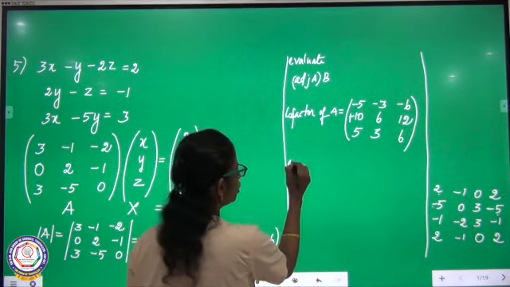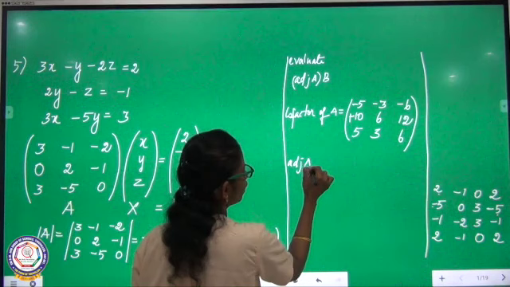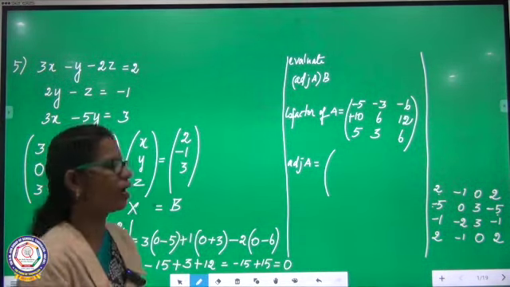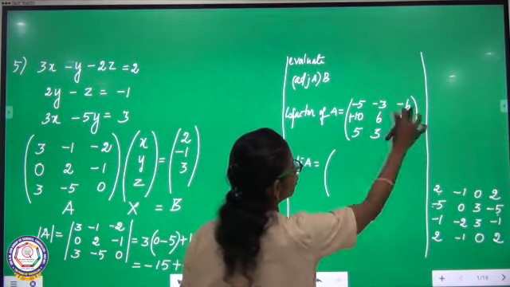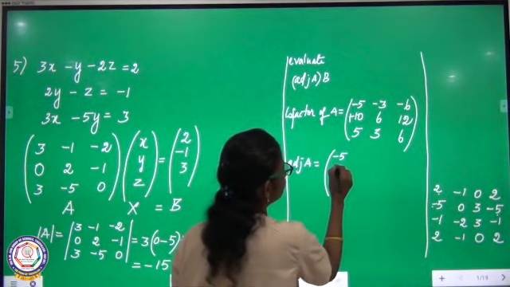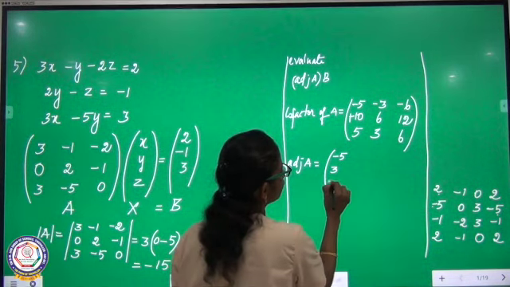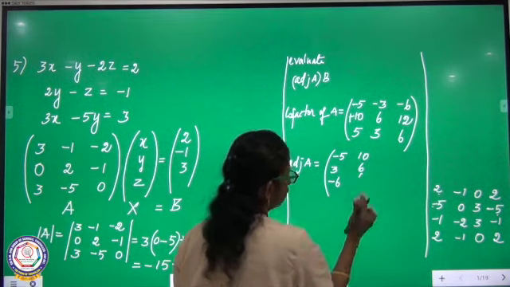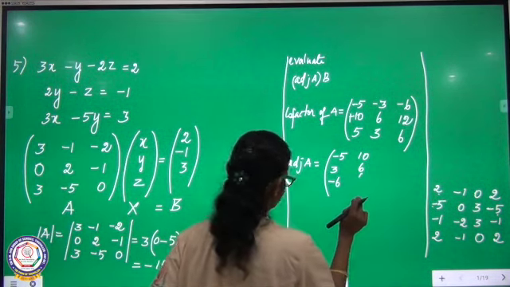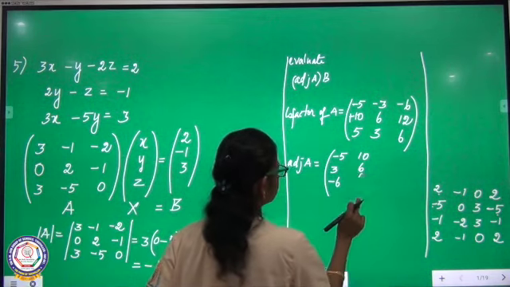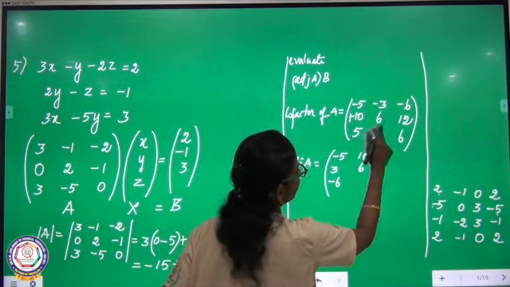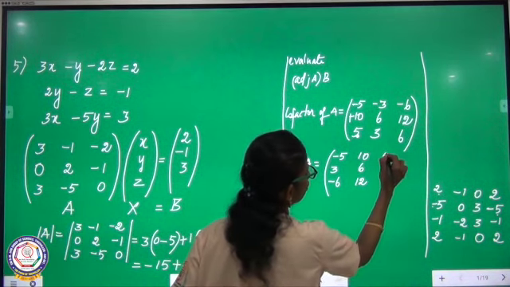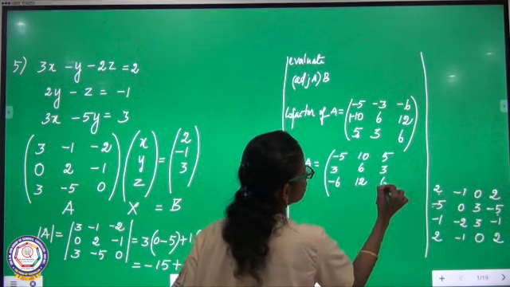What is our adjoint of A? Adjoint of A equal to, I told you, the transpose of cofactor. How am I going to write it, you see: minus 5, 3, minus 6, 10, 6, 12, 5, 3, 6.